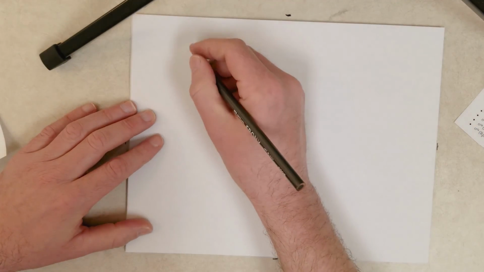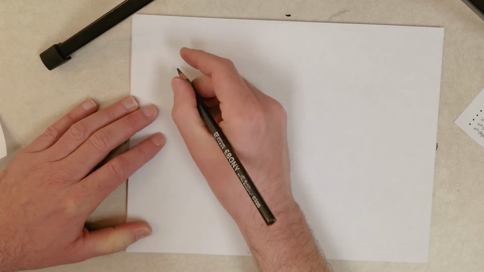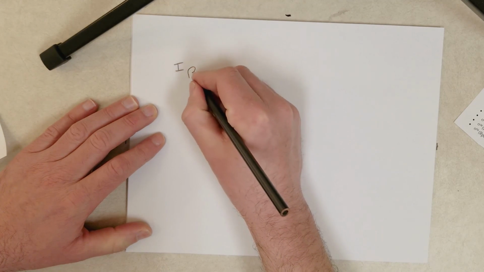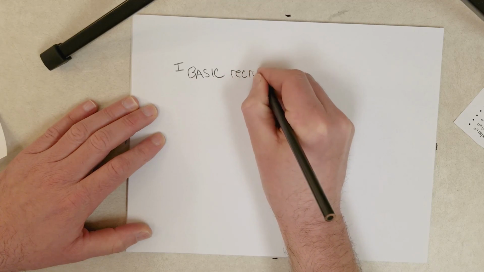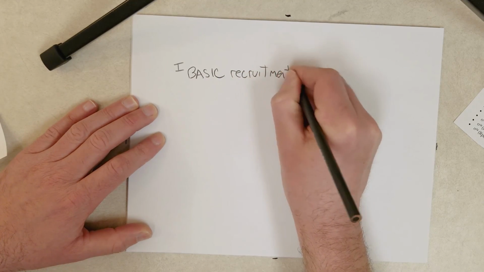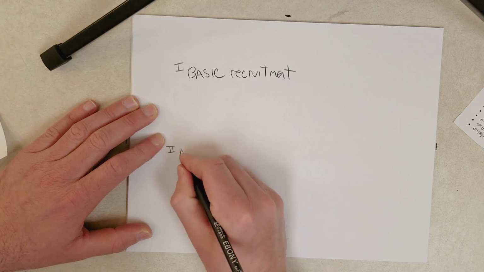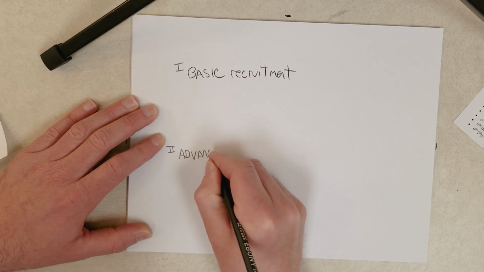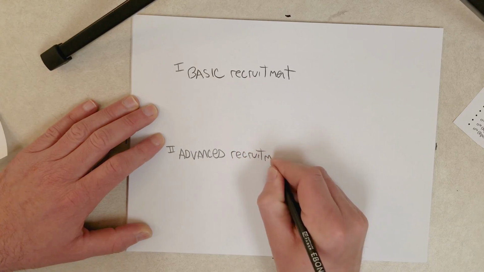With eukaryotes, we are going to divide recruitment of the RNA polymerases to eukaryotic promoters in two ways. We are going to have basic recruitment, which we'll talk about now, and we will save advanced recruitment for later.